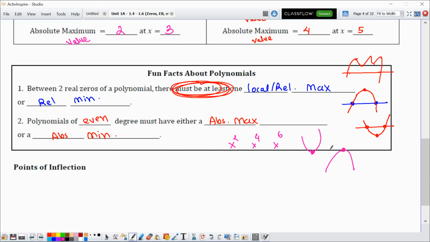So there must be a maximum or minimum, and it has to be absolute, because the range plays the role for even degrees, either all on one side or all on the other side. So it's a fun fact. If you pay a little attention to this part, you can easily eliminate certain choices in multiple choice questions.